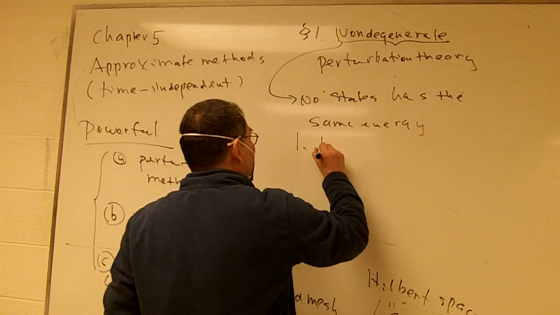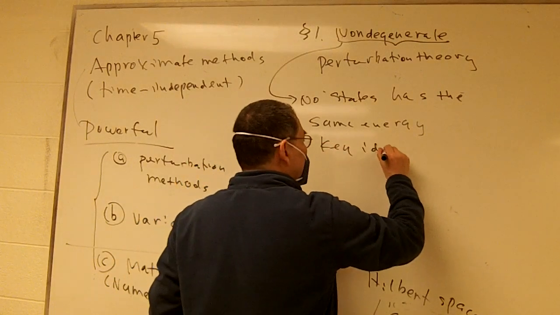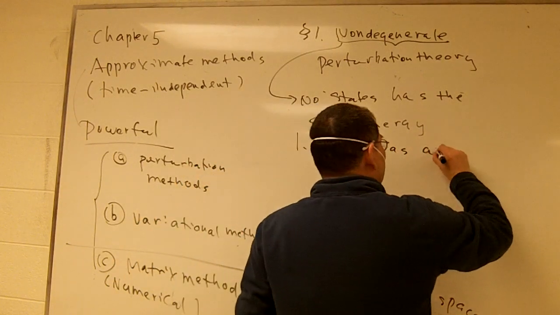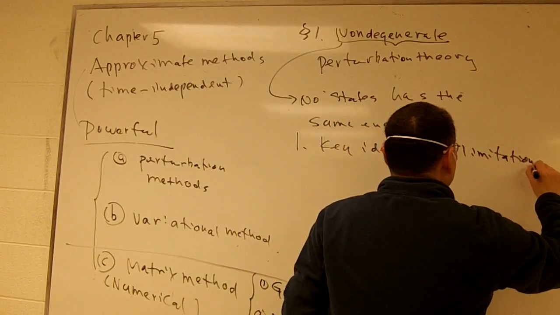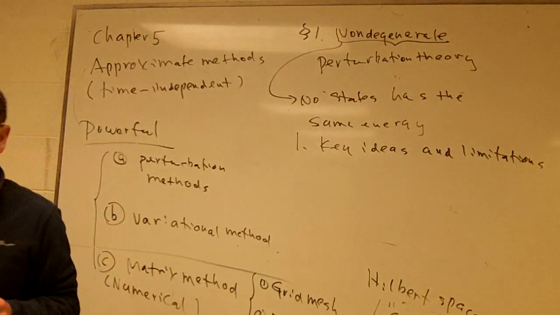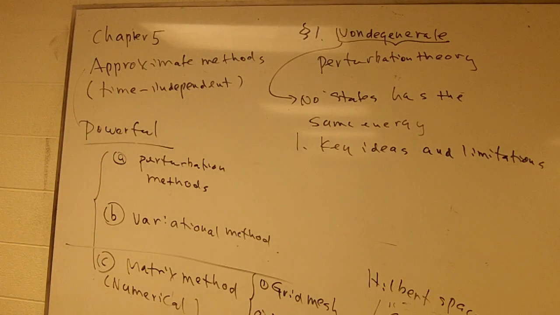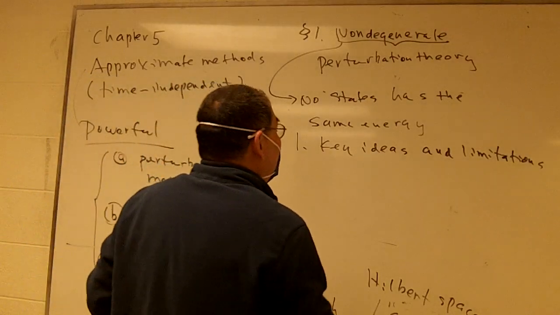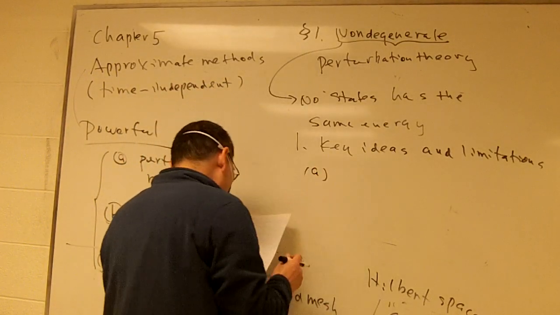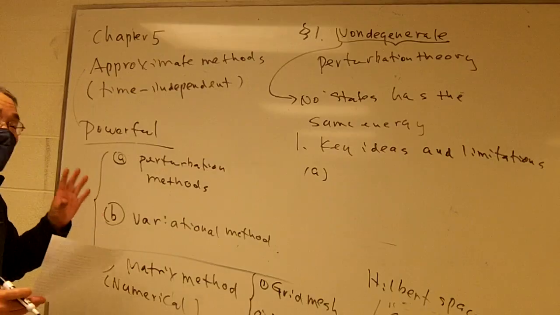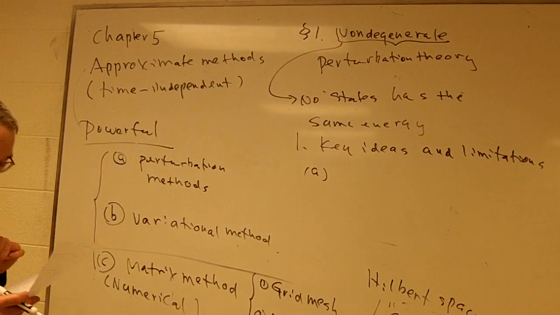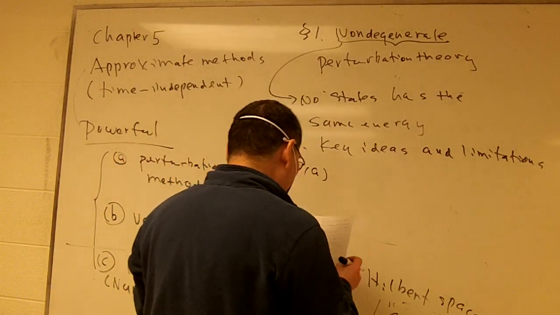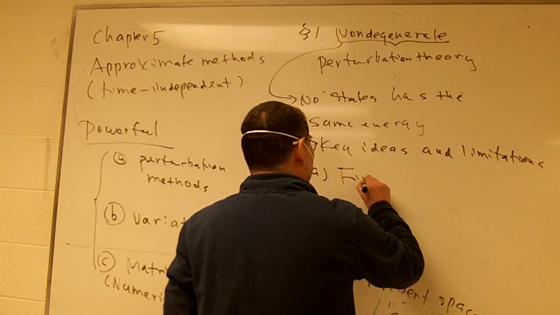I want to show you the key ideas and limitations. It's not perfect, but sometimes it does work. Essentially, the key idea is that we're not looking for the entire energy level of a complex system. We're looking for a very approximate wave function for a single level.